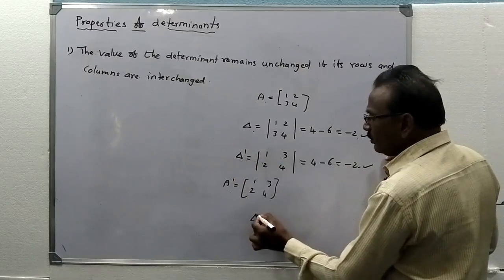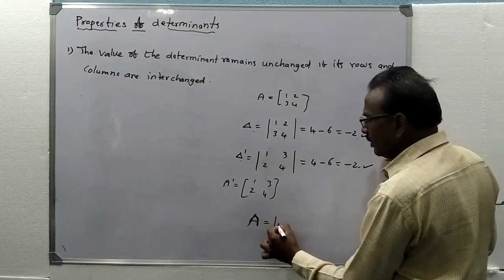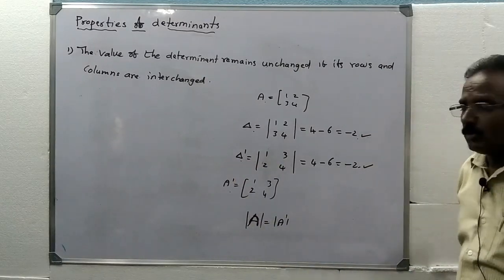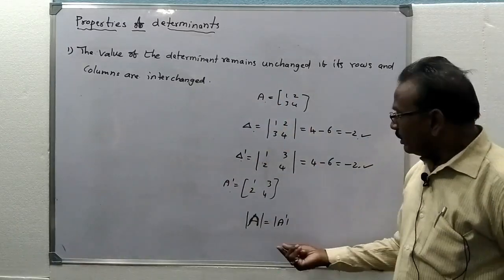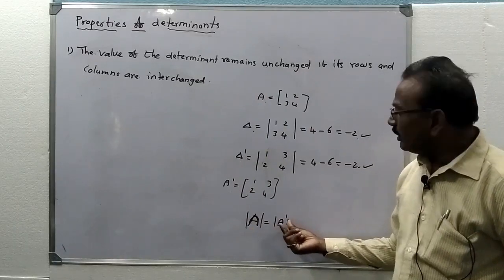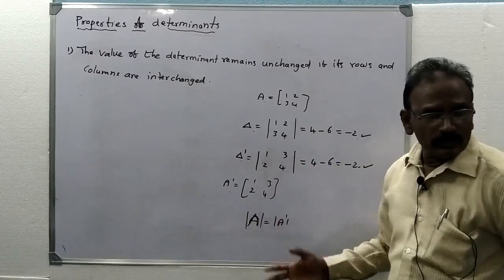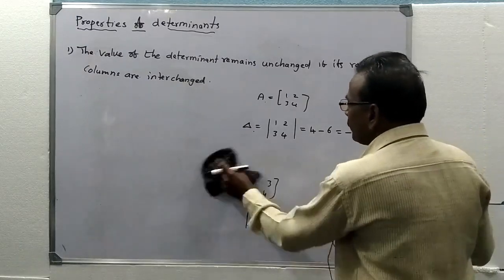So we conclude that determinant of A is equal to determinant of A dash. This is property 1: when we interchange rows and columns, the value of the determinant remains unchanged.